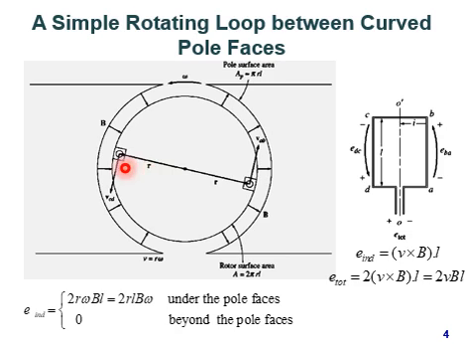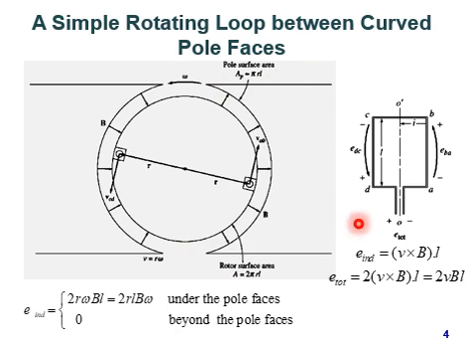If we see from the top view, this is our loop, and this is one magnetic pole and this is another magnetic pole.